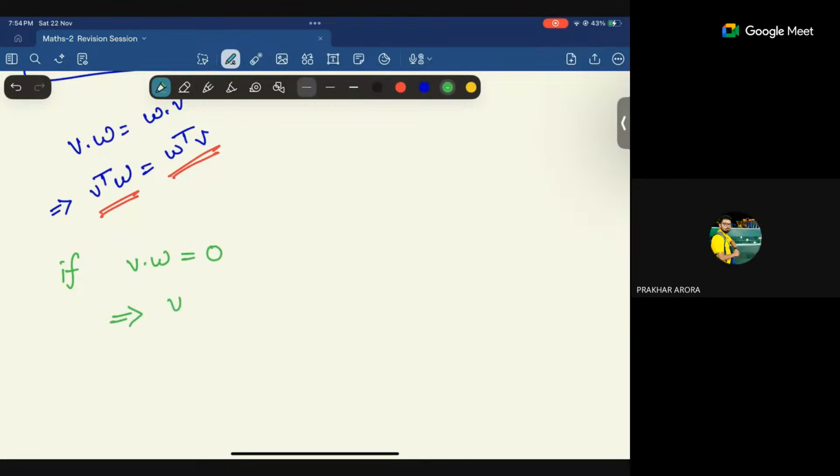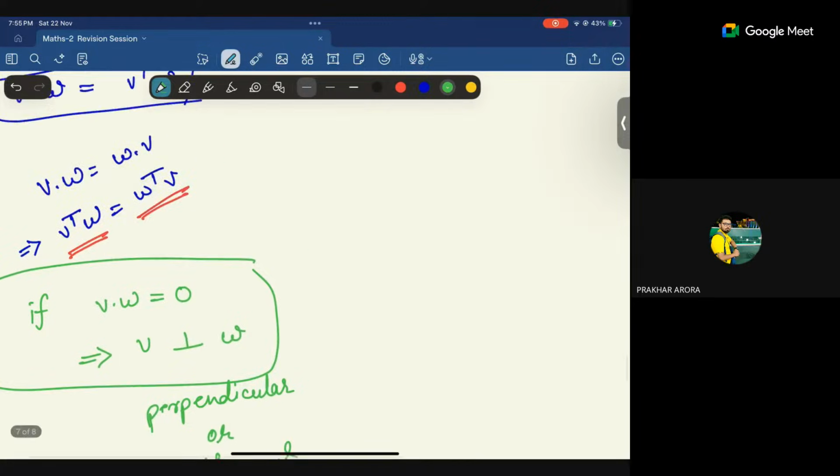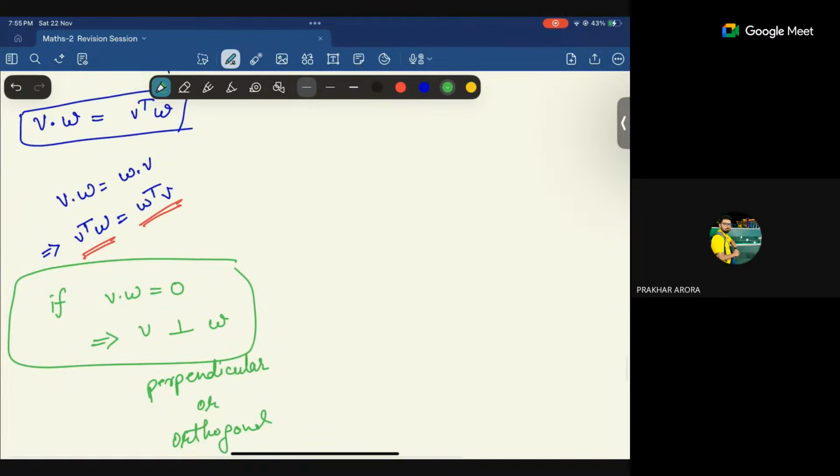If they ask you whether two vectors are perpendicular or not, this is also called orthogonal. Orthogonal and perpendicular are the same thing. This is how you can check. They will give you certain questions to do.